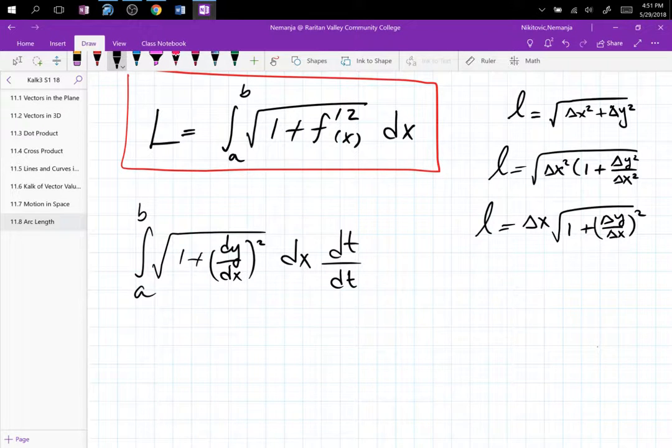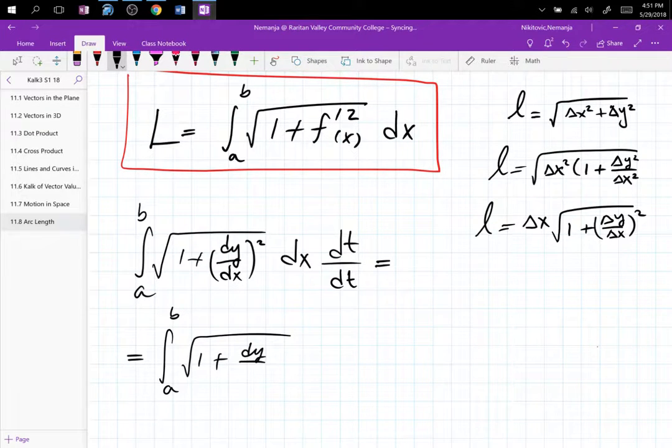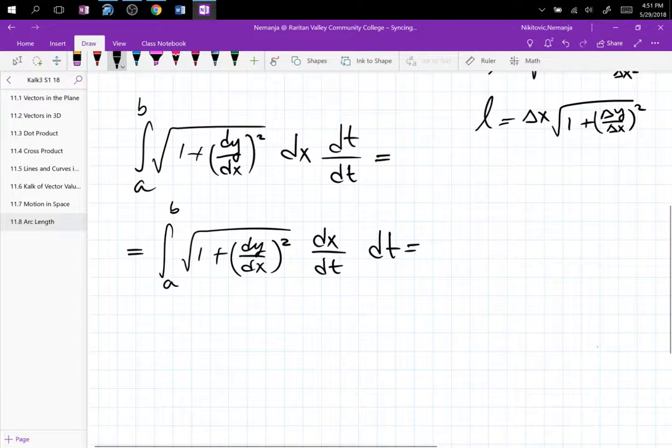That doesn't change anything, because dt divided by dt is 1. But then I'm going to use these as a unit and leave dt alone over there. So I have integral a to b, square root of 1 plus dy over dx squared times dx dt, and then everything dt. So I just regroup these.